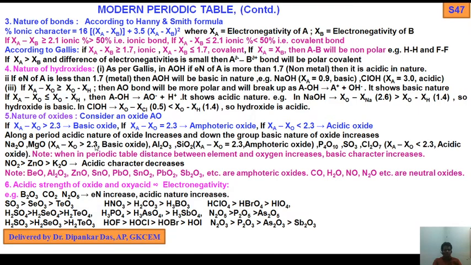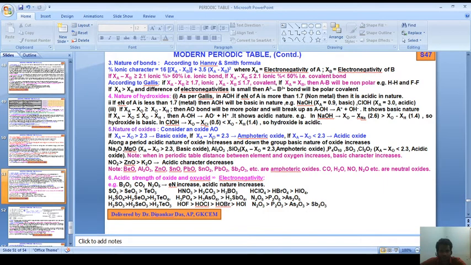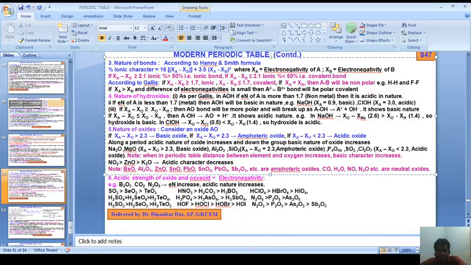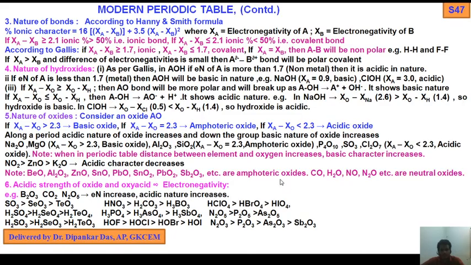So along a period, the acidic nature of oxide increases, and down the group, the basic nature of oxide increases.